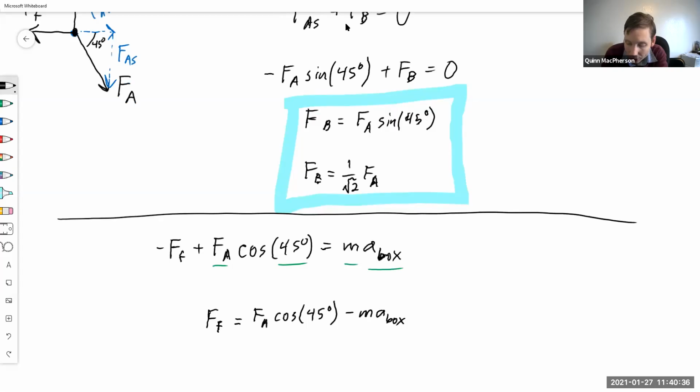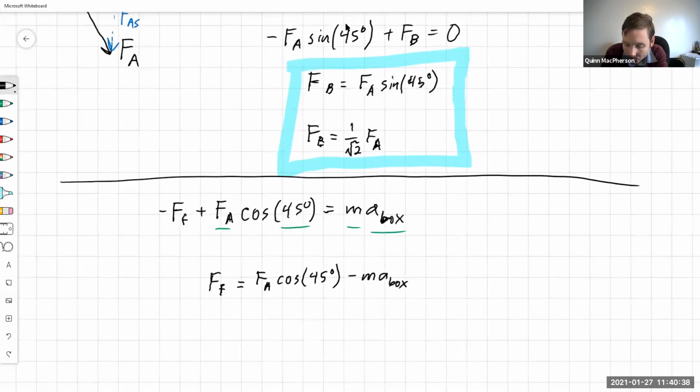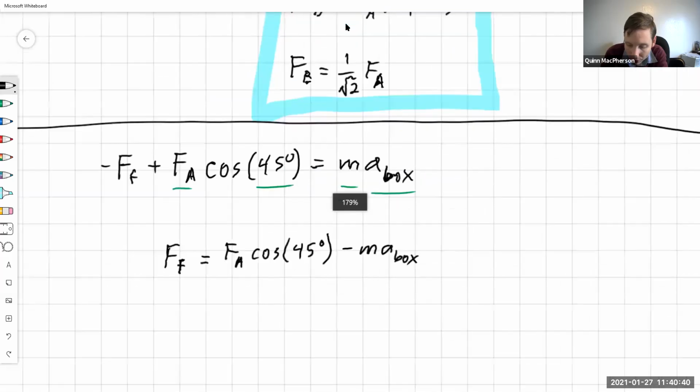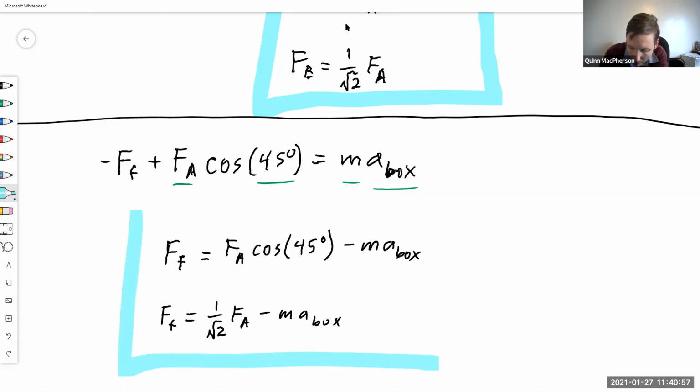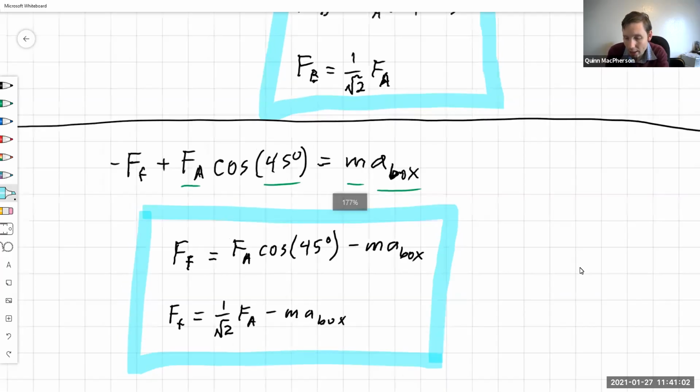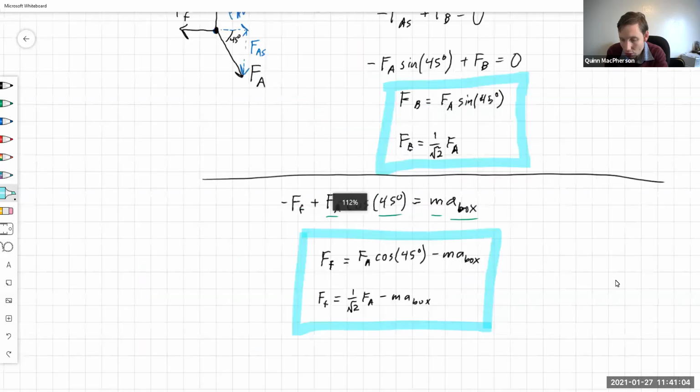And that's all of it. I happen to know the cosine of 45 degrees is also 1 over the square root of 2, so you could alternatively write the magnitude of the force of friction as 1 over the square root of 2 times force Alice minus m a box. And that completes the solution to this problem.